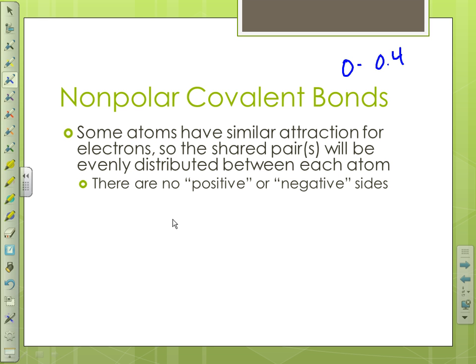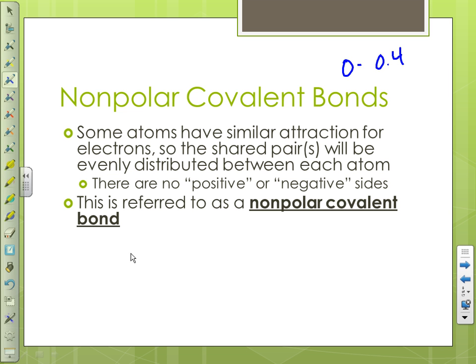It's like this cardboard box. It doesn't really matter what side you show me, if we point that side of the box to the magnet, it doesn't do anything because there's no difference between the sides. Nonpolar covalent bond, right? Good there?